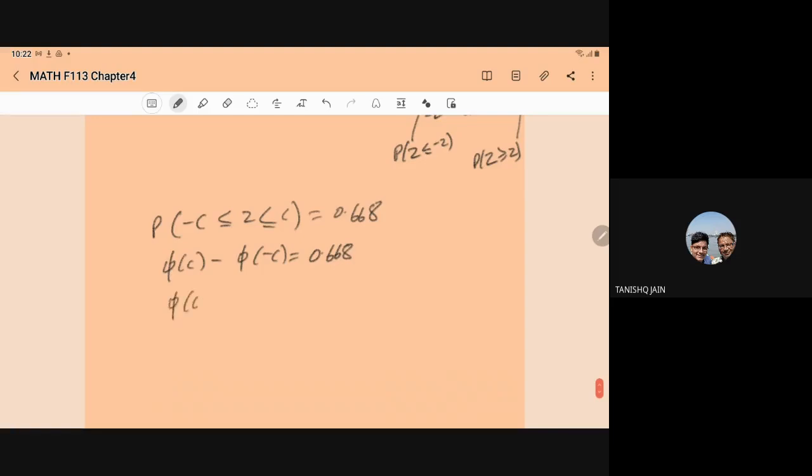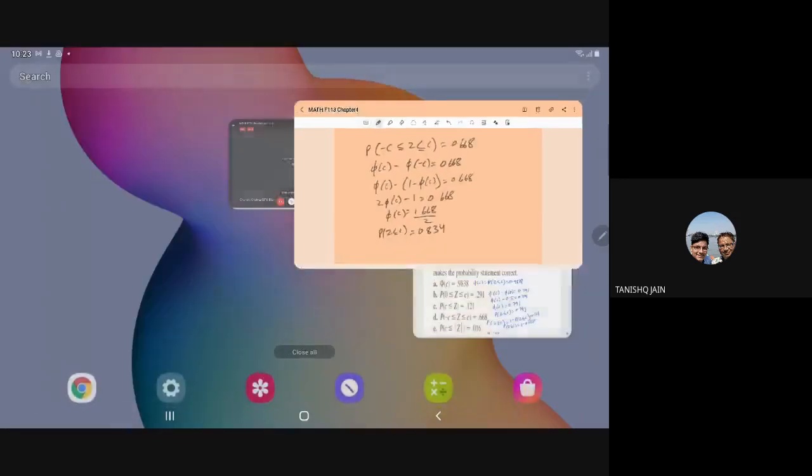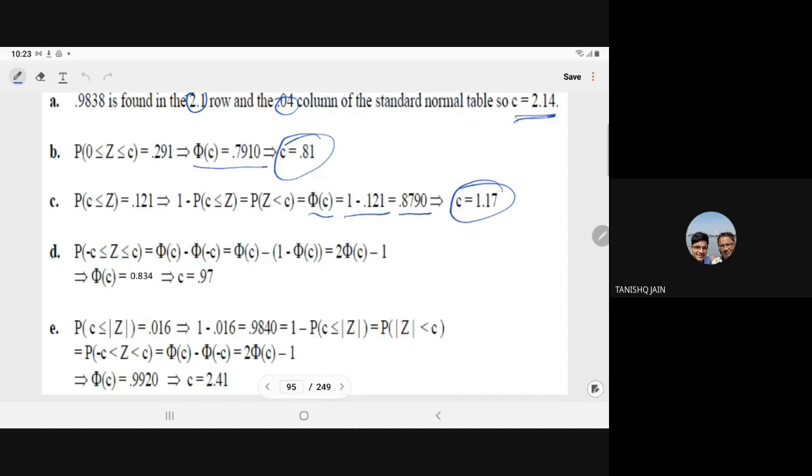This can be written as phi C minus 1 minus phi of C equal to 0.668, so 2 phi C minus 1 equals 0.668. So phi C is 1.668 divided by 2, that is 0.834. From the table, C comes as 0.97.